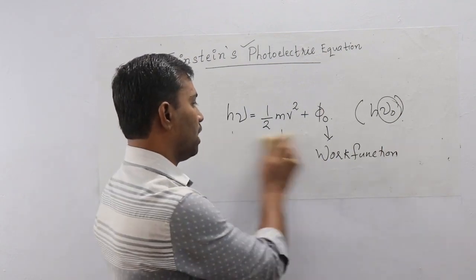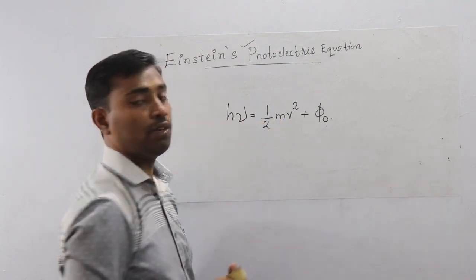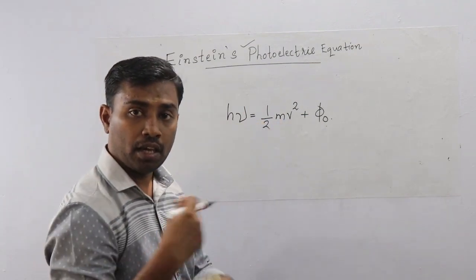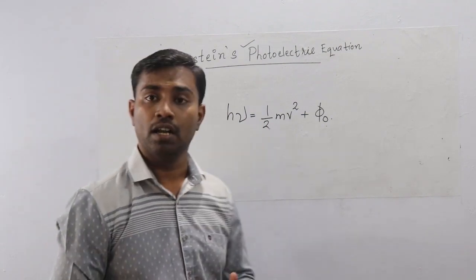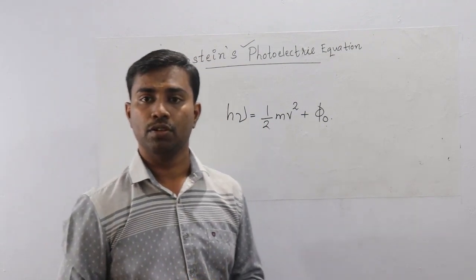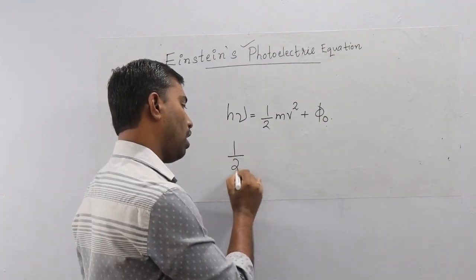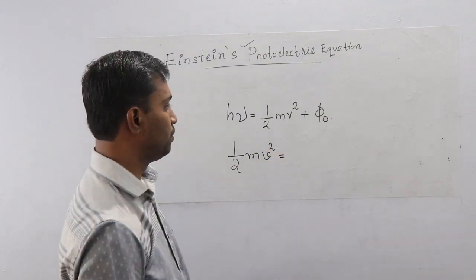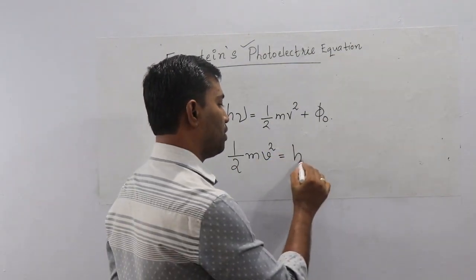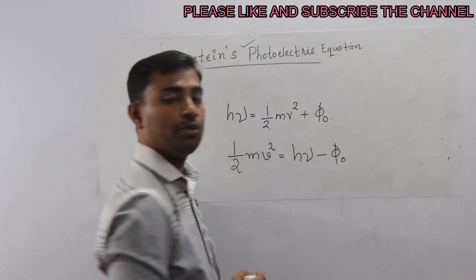Now I am going to rearrange the equation. From this equation we can find the kinetic energy of the emitted electron. The kinetic energy of the emitted electron can be written as half m v square is equal to h nu minus phi 0.